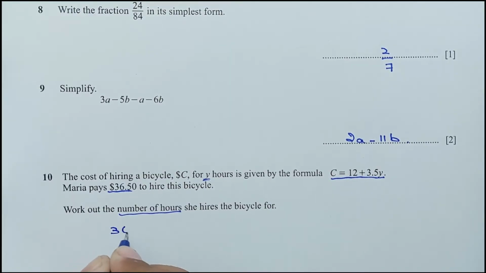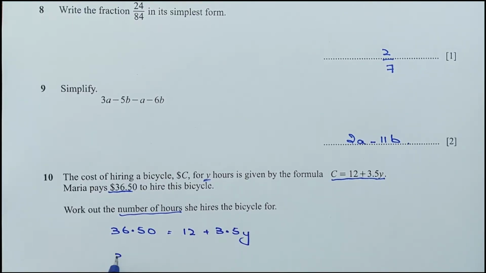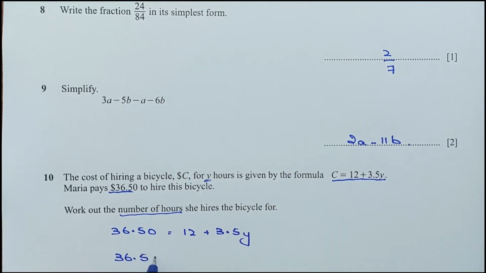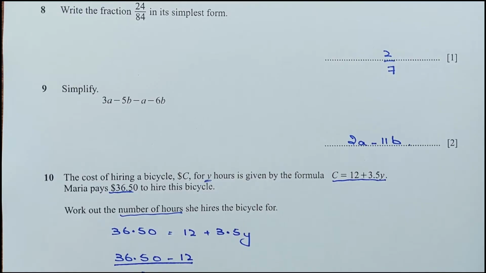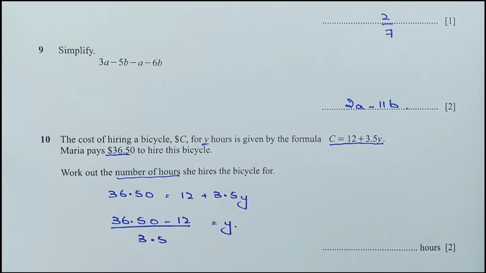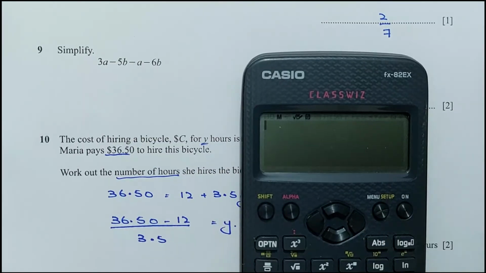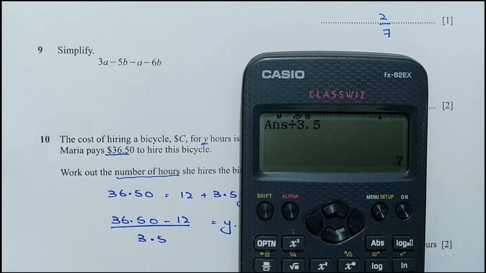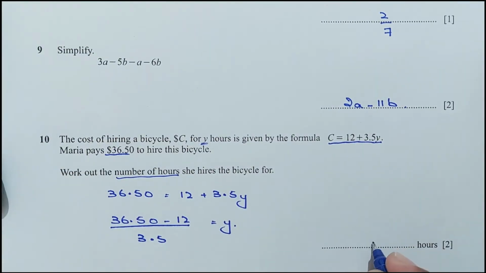C is given as 36.50, equals 12 plus 3.5Y, right? So 36.50 minus 12, divided by 3.5, is the Y value, the number of hours. Let me simplify: 36.50 subtract 12 and divided by 3.5. This is 7, right? So 7 hours.